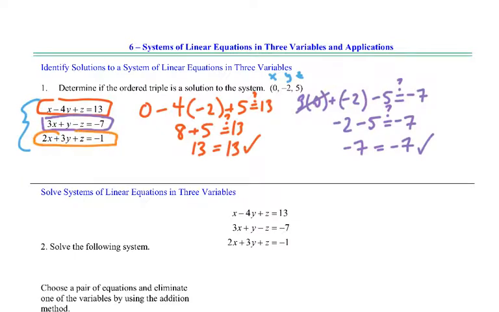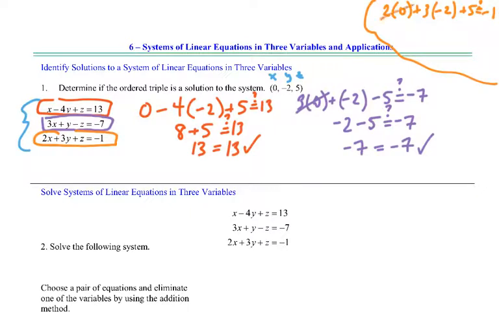So I'm going to do some side work up in a little cloud on the top right-hand side of the screen. 2 times 0 plus 3 times -2 plus 5, does that equal -1?